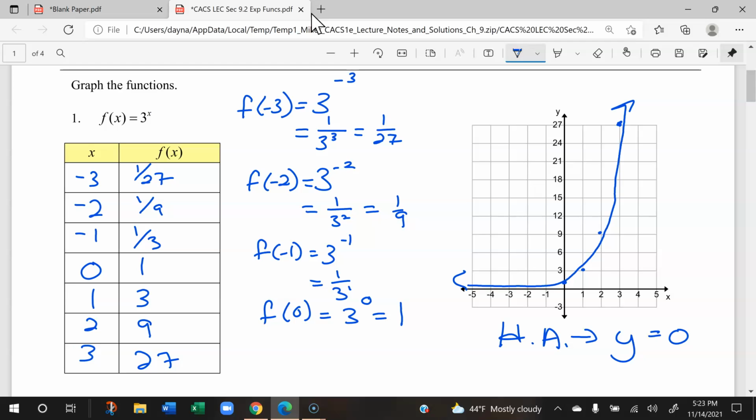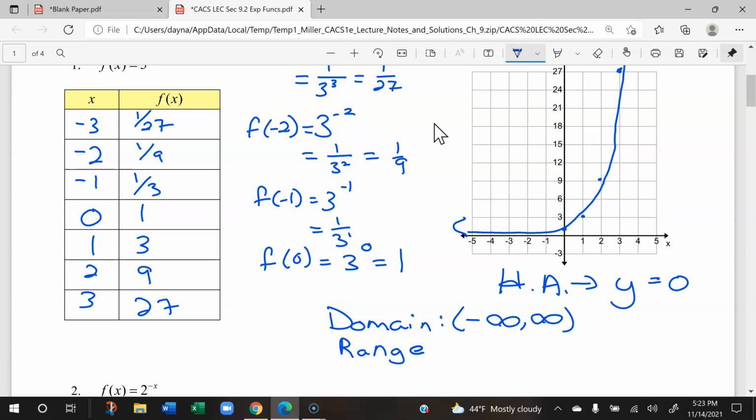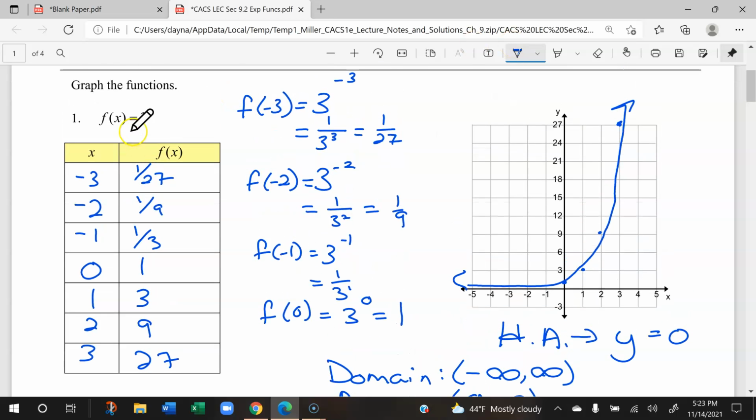Now if I have a negative sign in there, that's going to change us, but we start with that horizontal asymptote. You will also notice that my domain will be from negative infinity to positive infinity, and my range will be from 0 to positive infinity. Now this is just as a basic exponential function.